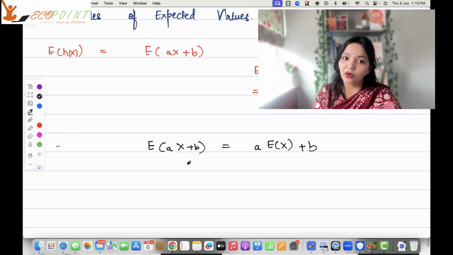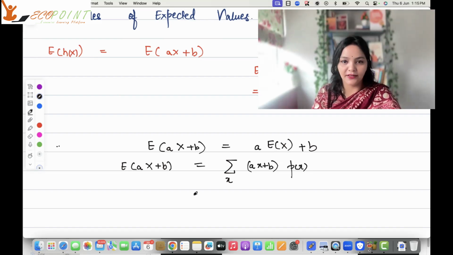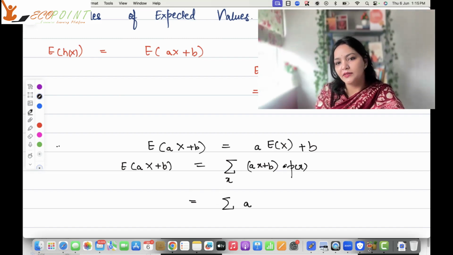Now, why and how this happens, let me just tell you. So consider expected value of ax plus b. Now, this means we are interested in the summation over all the x's of ax plus b multiplied by the probability attached to every x. So here, if you open this up, this is just a product.